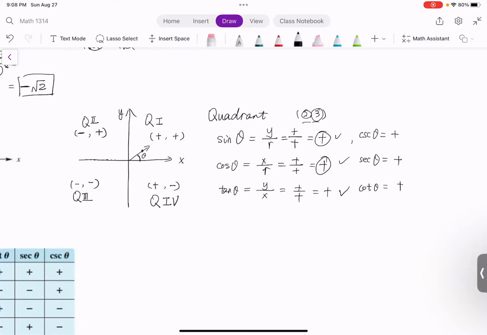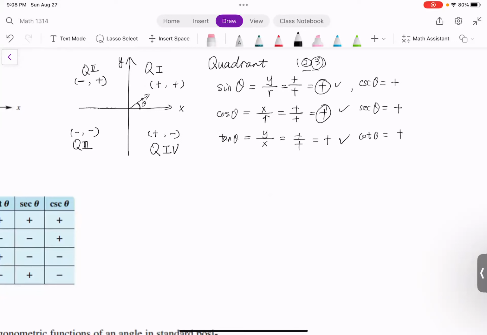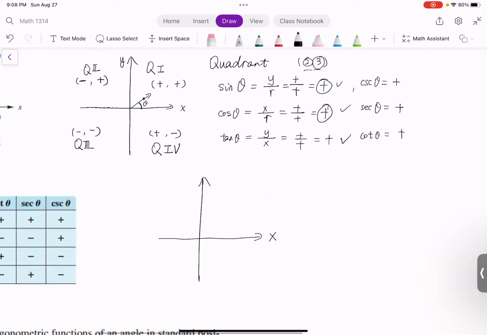So if I have all of this information, I can decide the sign of the 6 trig functions, but it takes too much time. So here there is a trick to help you memorize whether these 6 trig functions are positive or negative. Here is the x-axis, here is the y-axis.